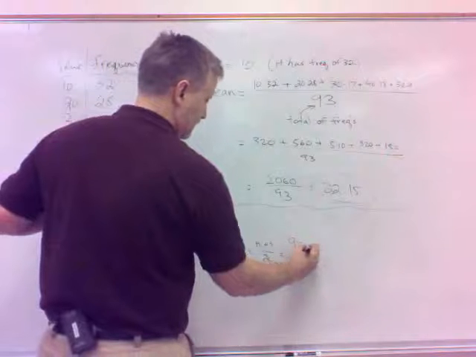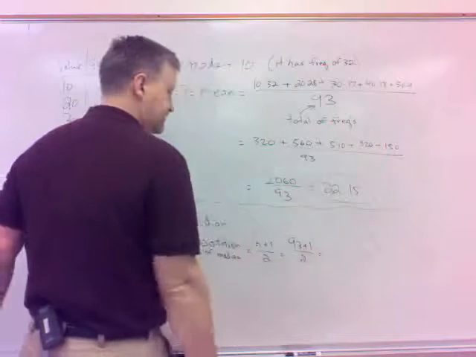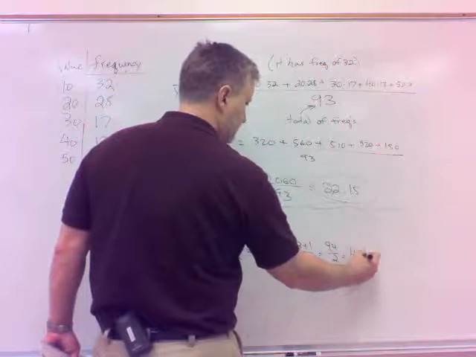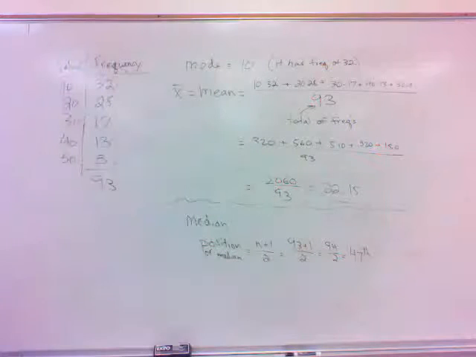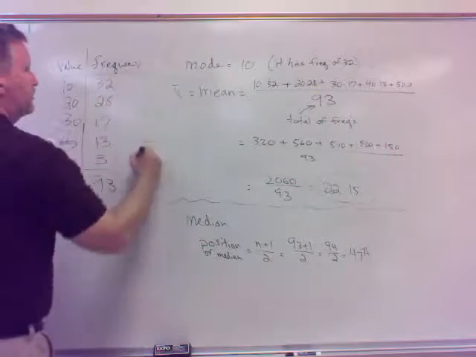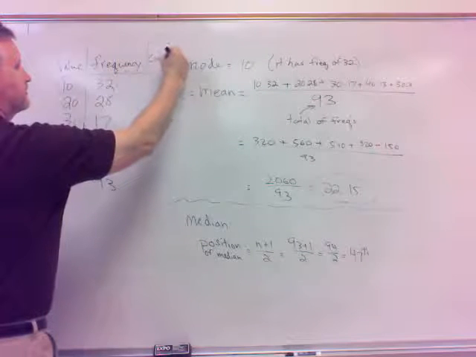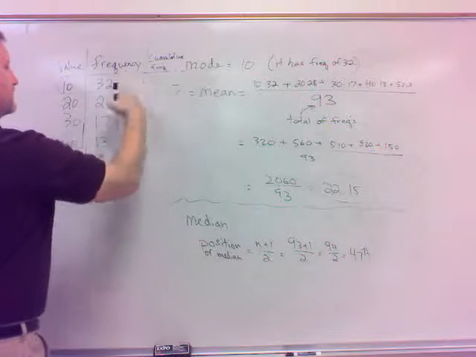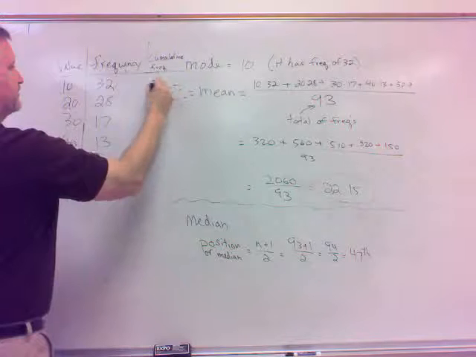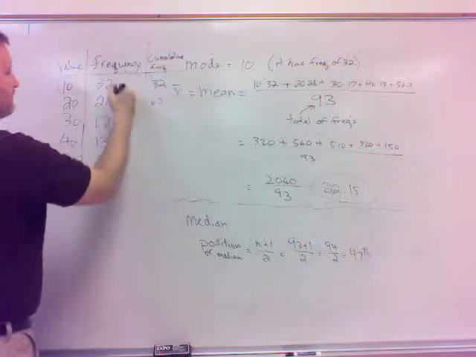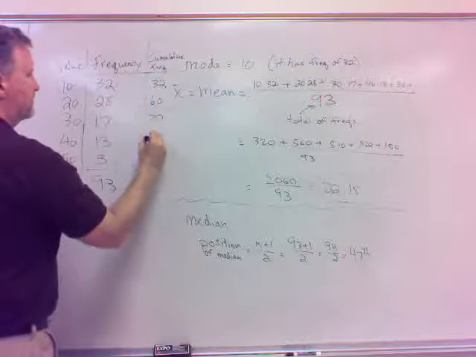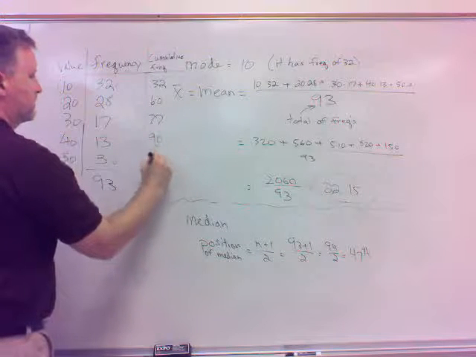Yeah, okay. 94 divided by 2 is 47. So I'm looking for the 47th value. Well, if I come over here and do my cumulative frequency, just add each frequency plus the ones before it. So we've got 32, and then 28 and 32 is 60, and then 17 plus those two would be 77, and then 13 plus those three above it would be 90, and then plus 3 would be 93.